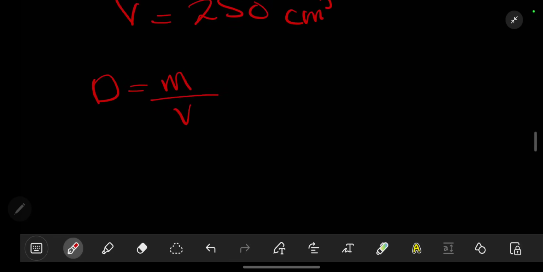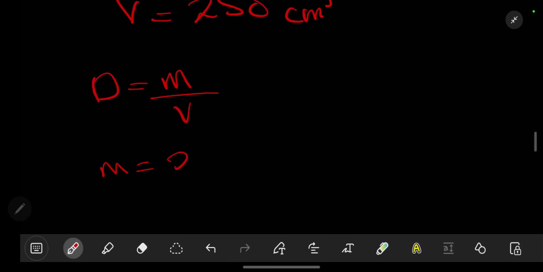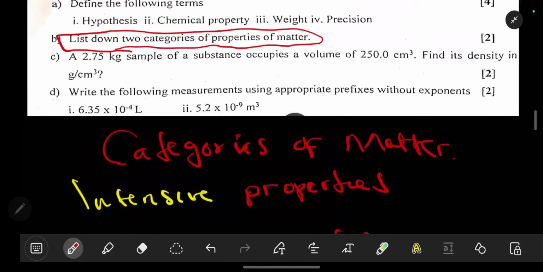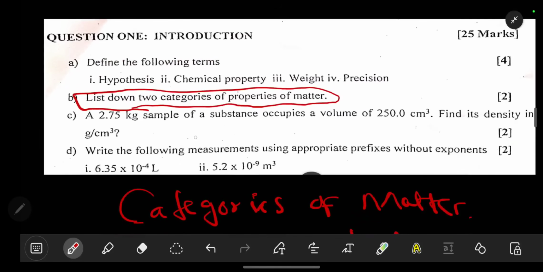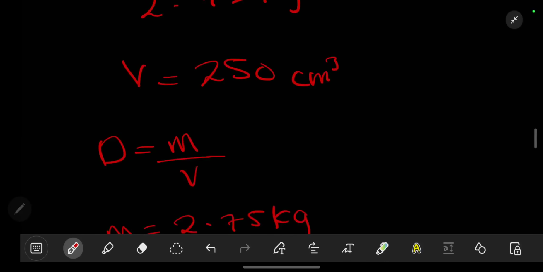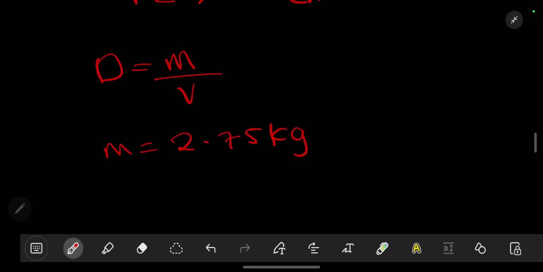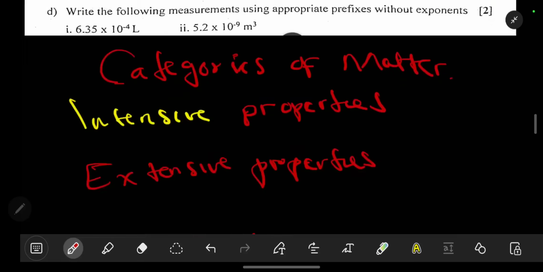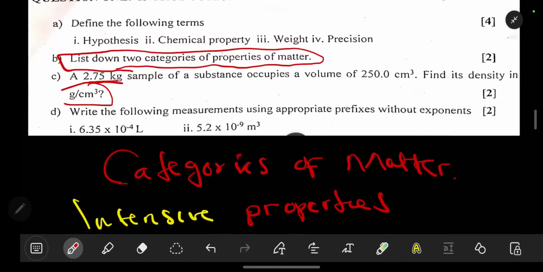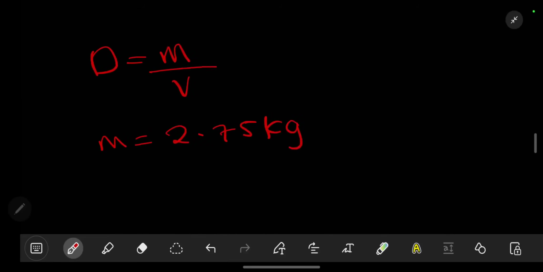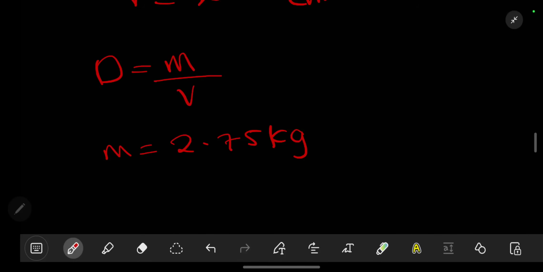So our mass is equal to 2.75 kg. Remember, the mass is equal to this value. They want us to have the units as grams per cubic centimeters, so let's convert this to grams.